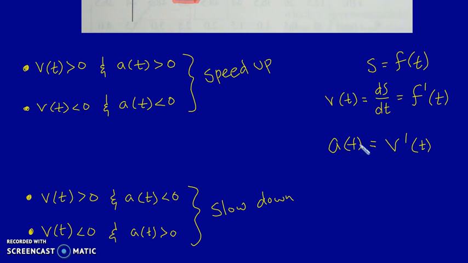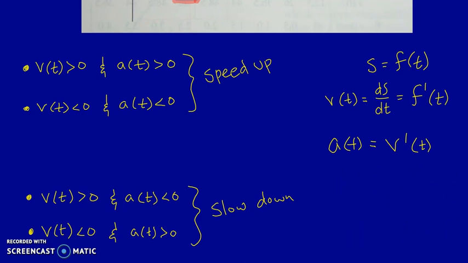And if you think about it, if acceleration is the derivative of velocity and velocity is the derivative of the position function, then acceleration is the second derivative of f, or f double prime of t in this case. So this is something that we'll be making use of later, but not really for this problem.